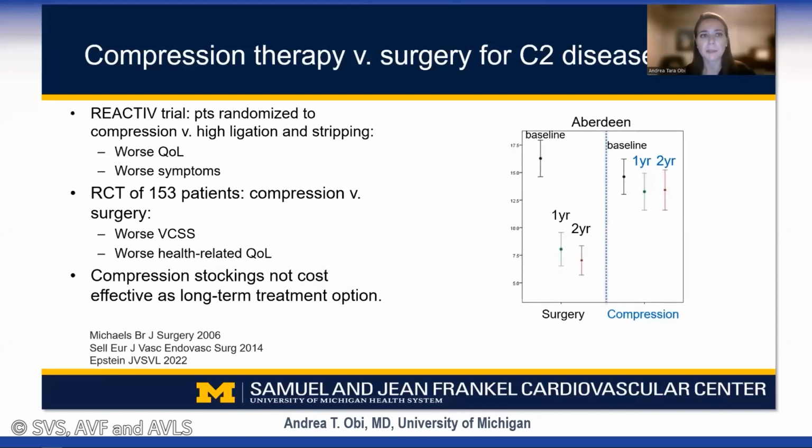What has been found to be true in each case is that when patients are randomized to compression therapy over a period of many years, they tend to have overall worse quality of life, worse venous-related symptoms, and ultimately compression stockings end up being not as cost-effective in the long-term treatment.